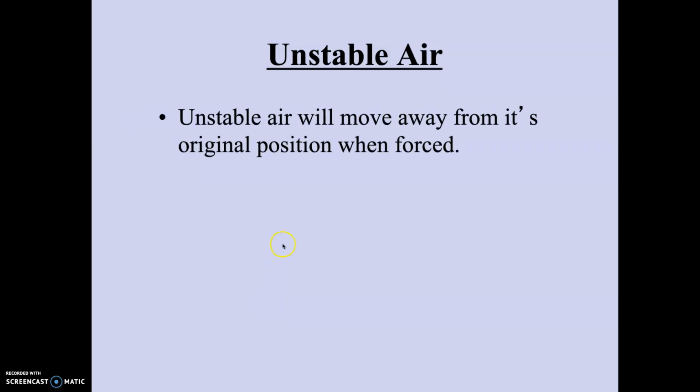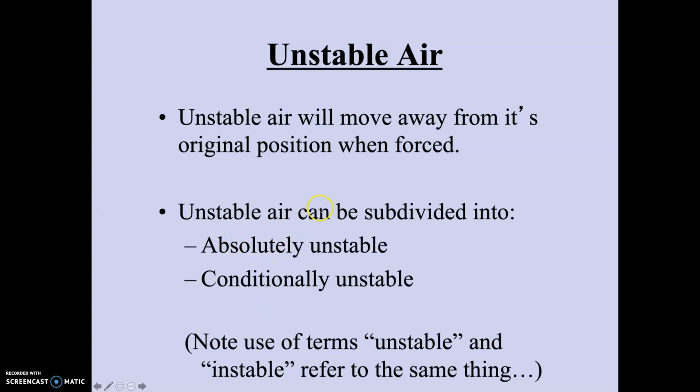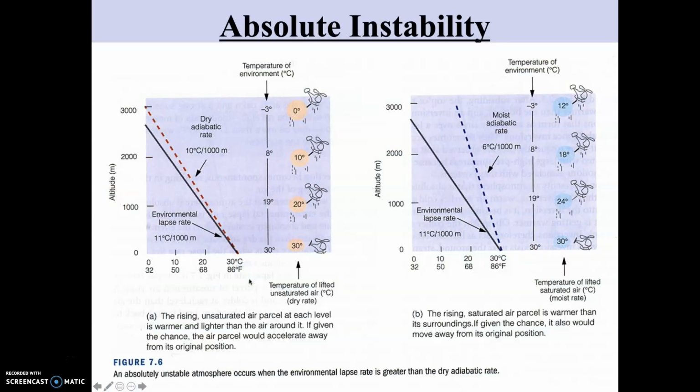Unstable air, as discussed, will move away from its original position when forced, and it comes in 2 forms: absolutely unstable and conditionally unstable. Starting with absolute instability, again, we look at comparing it with a dry parcel and a moist parcel. So you have an environmental lapse rate of 11.